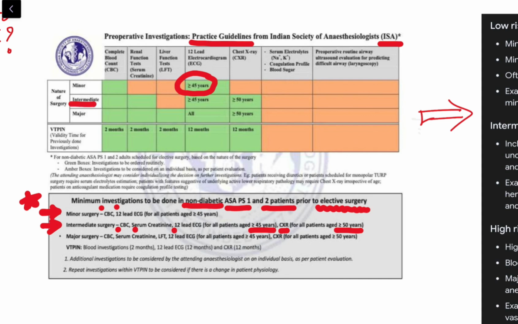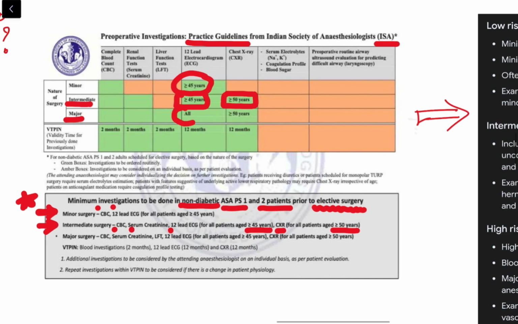Similarly, for major surgery, whatever the major surgery, you always have to ask for ECG and X-ray if the patient is more than 50 years of age.